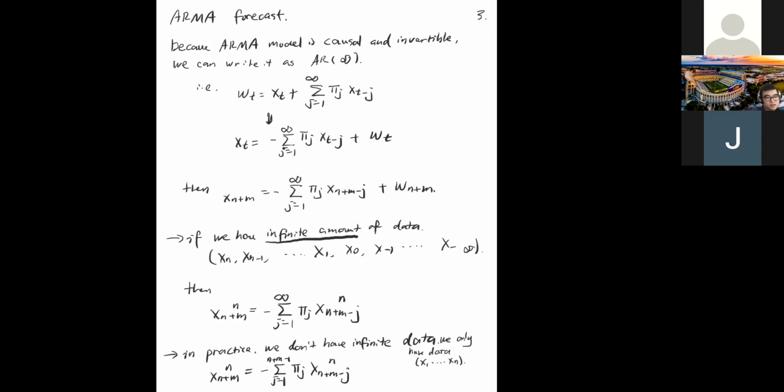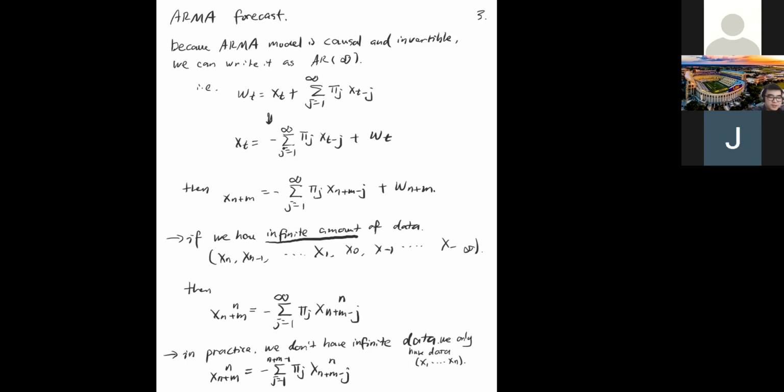Actually, we do not have data x_{-1} or x_{-2}. So in practice, what the computer does is truncate the data from x_0 back to negative infinity, and only use the available data to do the forecasting. Yeah, that's actually what the computer does.